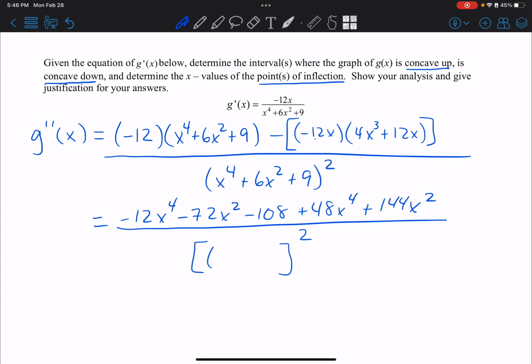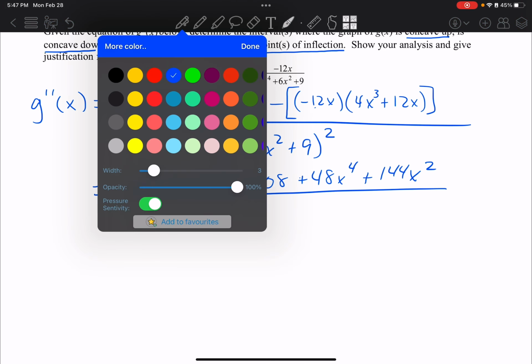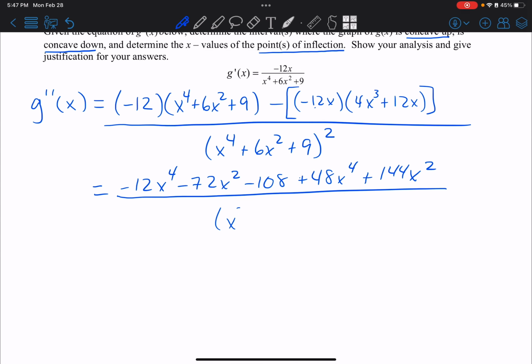So that's going to be x squared. That's how we're going to end up getting the fourth power, and then plus 3. Okay, again, if that was tricky for you, and this is going to be quantity squared. If that's tricky, then look up perfect square trinomial factoring, or you can come see me, okay? But the bottom of this is going to end up being x squared plus 3 quantity to the fourth.